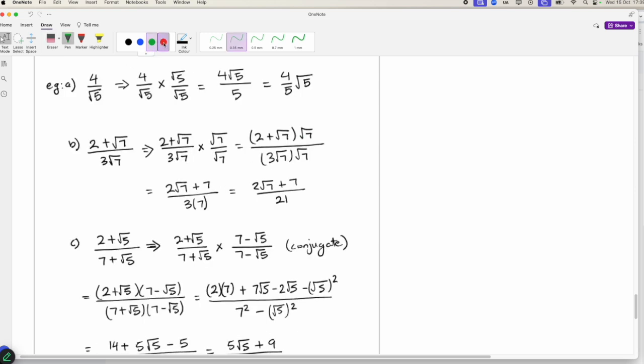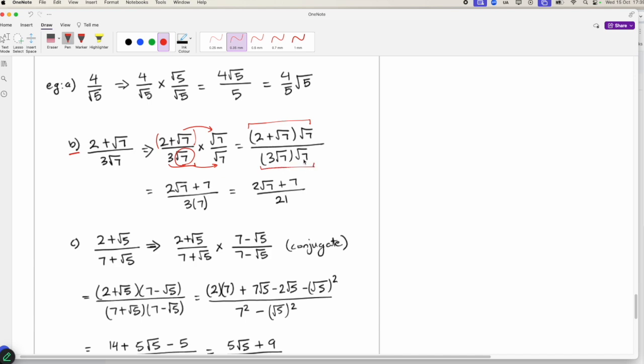If we look at part B, you can see that I have 2 plus root 7 over 3 root 7. This implies that I need to get rid of this root 7. So I'll multiply by root 7 over root 7. That way, I'll have this multiplied by my root 7 over here, and this multiplied by my root 7 over here.